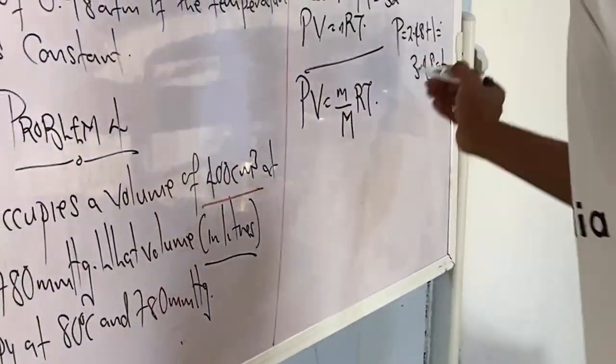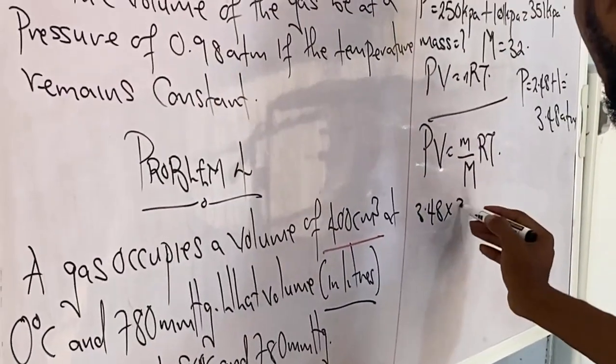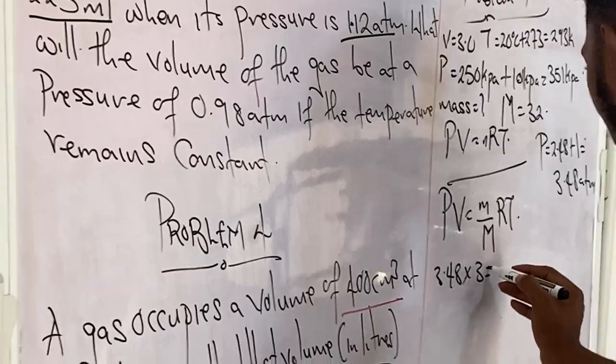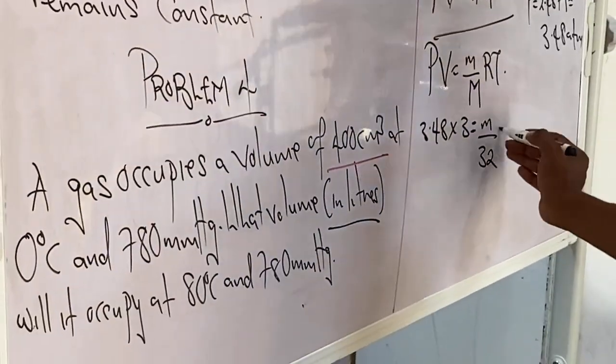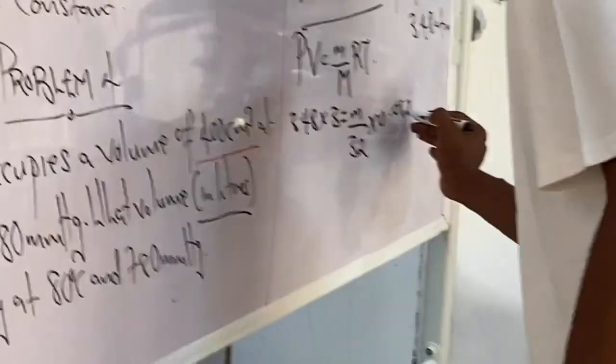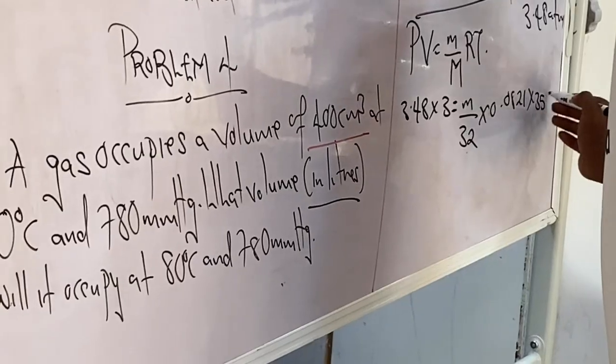So our P is 3.48 multiplied by a volume of 3, equals m that we are looking for over 32, the molar mass, multiplied by 0.0821 times temperature, which is 351.